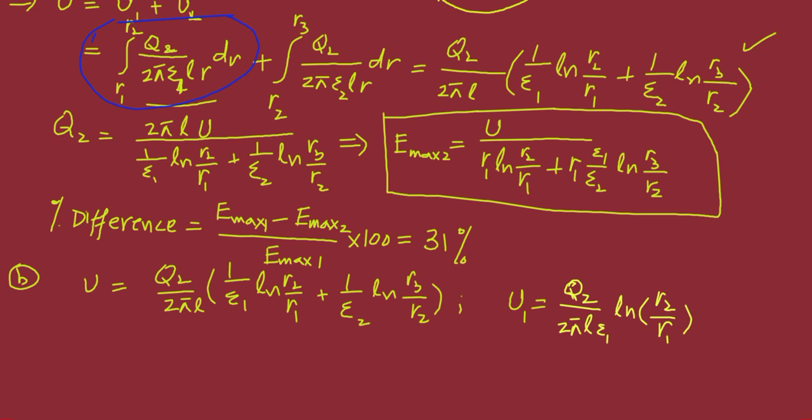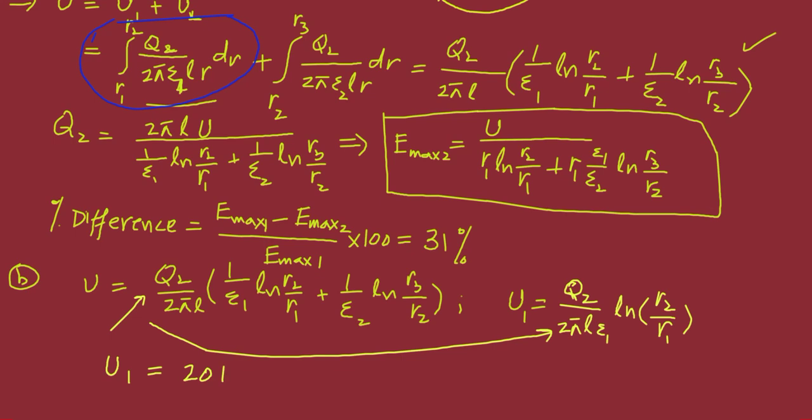So you can get the value of Q2 from here, by rearranging the equation and then putting in this equation.